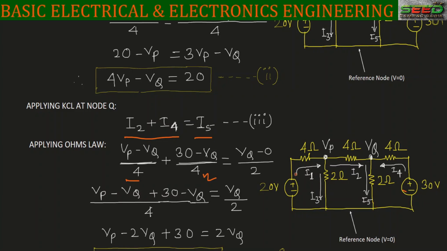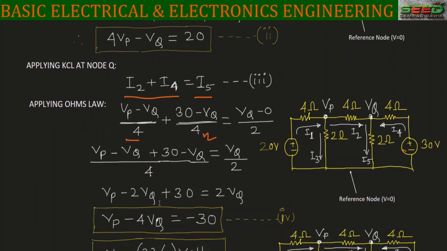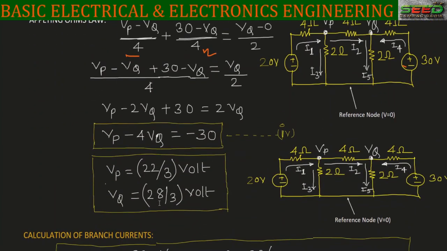So we can write Vq minus 0 by 2. Why is it 0? Because the reference line potential is considered as 0 volt, that is the same as earth potential. Now you can solve this equation and you will get equation number 4.